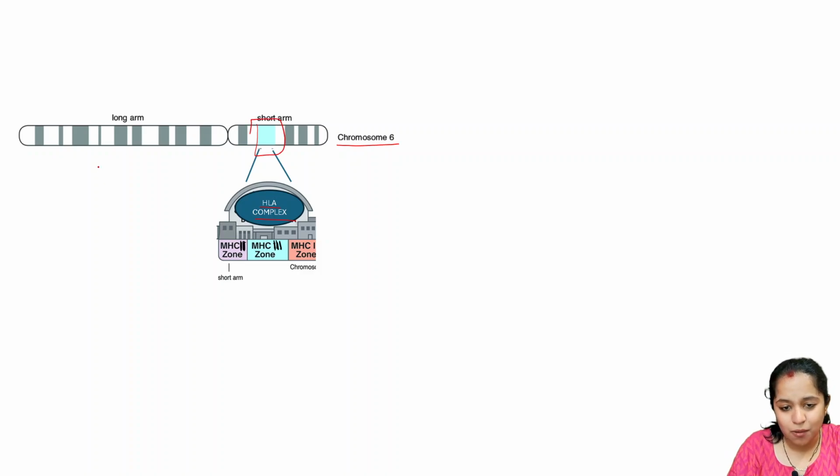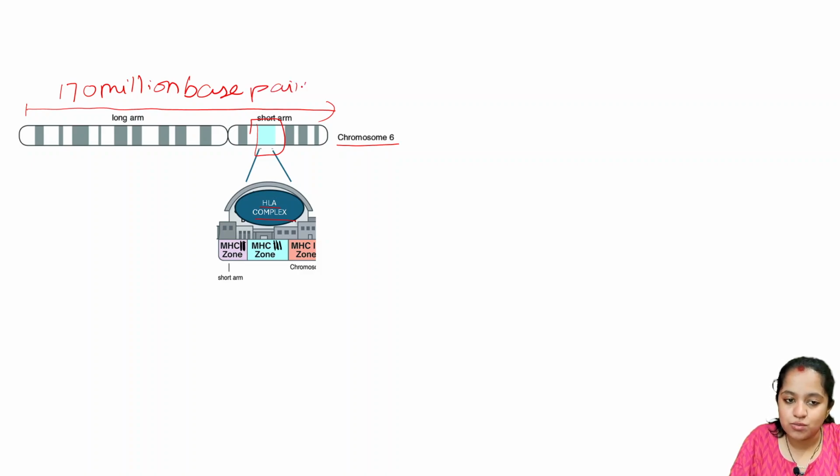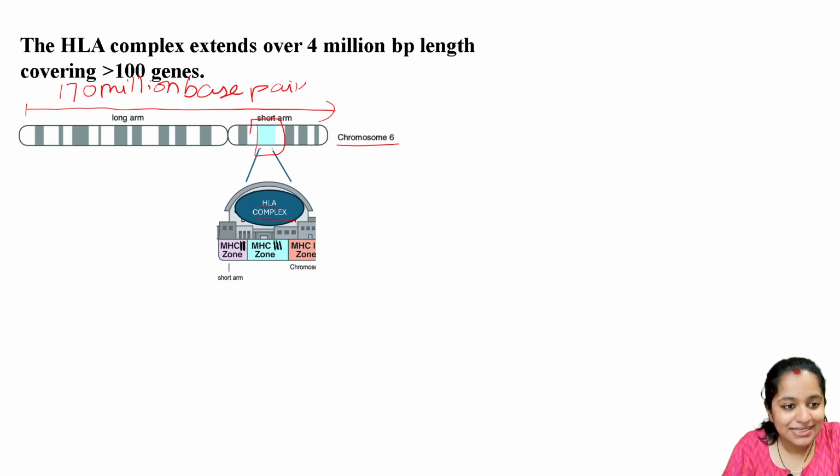Now you see this part is the one which has this HLA complex, right? This whole chromosome 6 is made up of almost 170 million base pair, and the HLA complex extends over 4 million base pair.